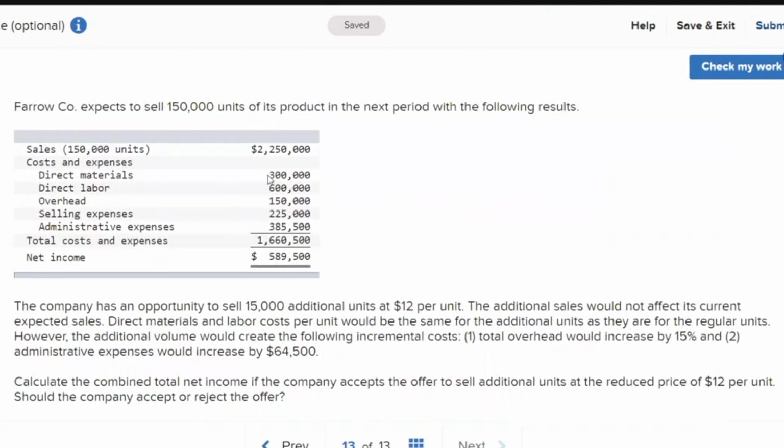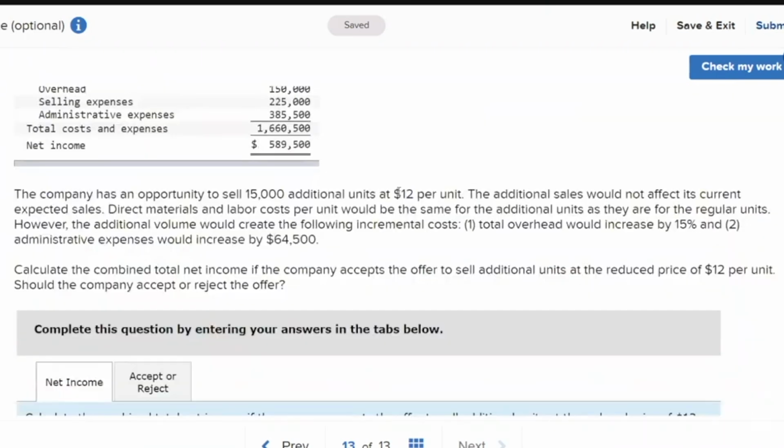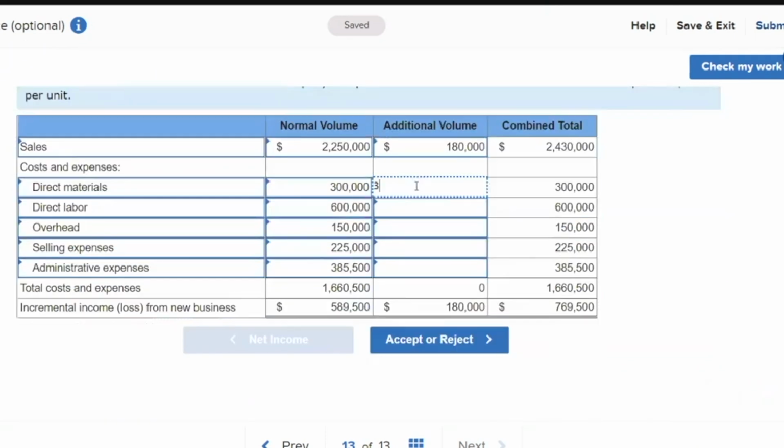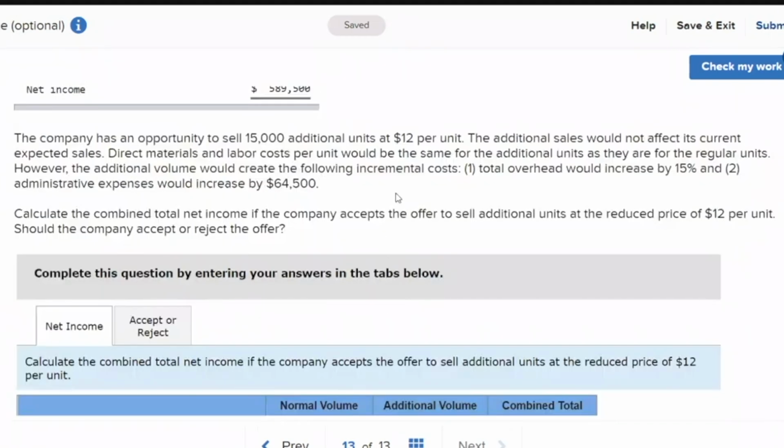Direct materials was 300,000 total divided by 150,000 units, $2 each. So $2 times the additional units of 15,000 is 30,000. Now the direct labor is 600 divided by 150. So $4 times 15,000 is 60,000.